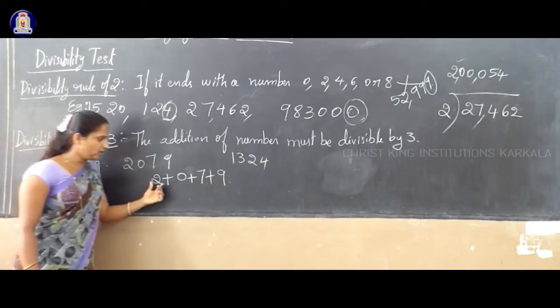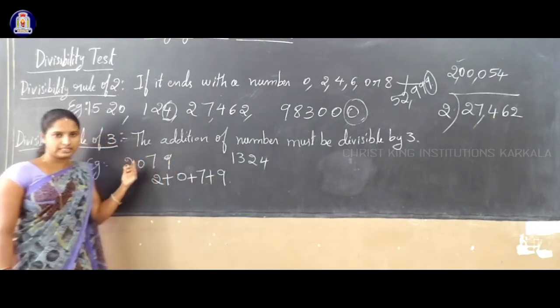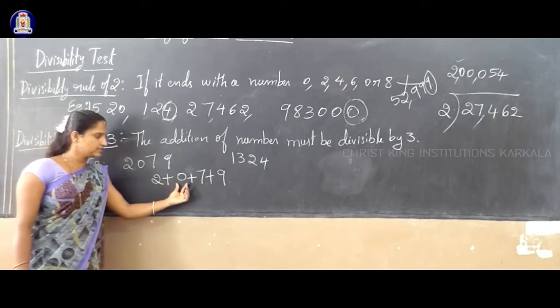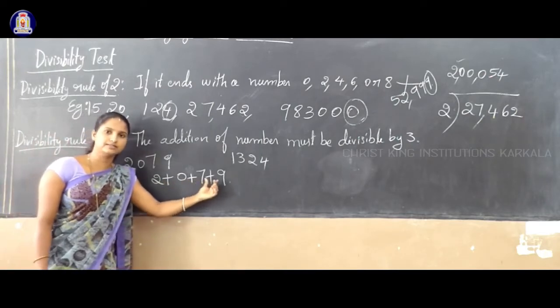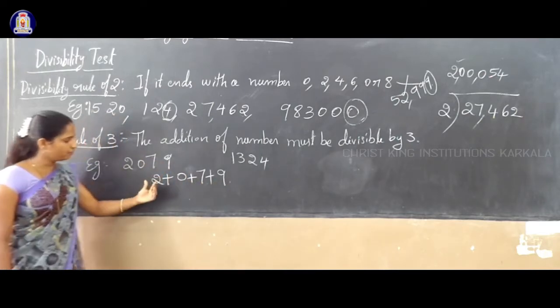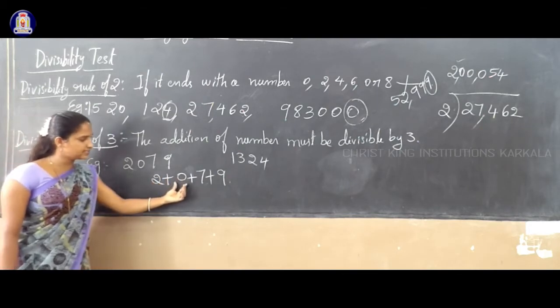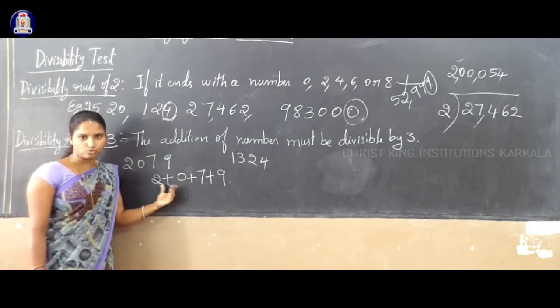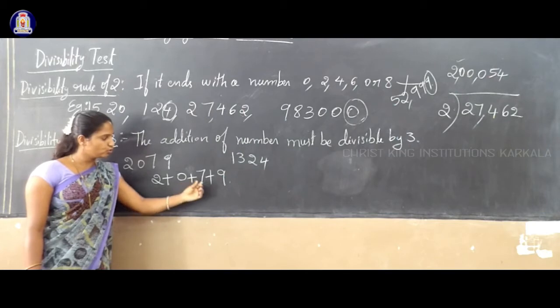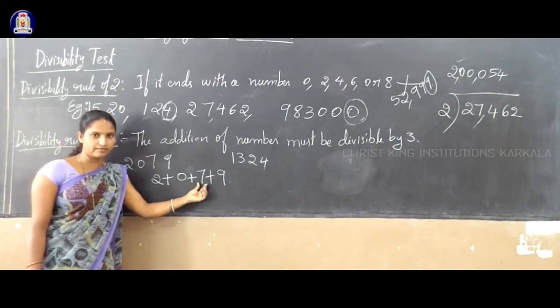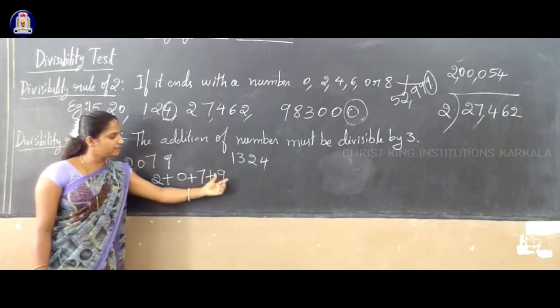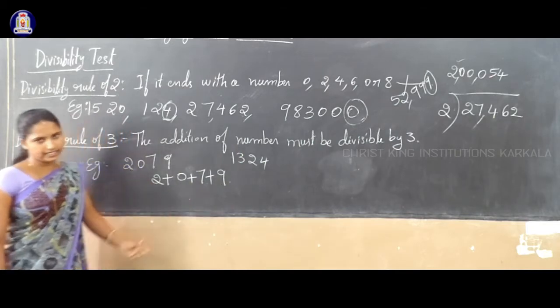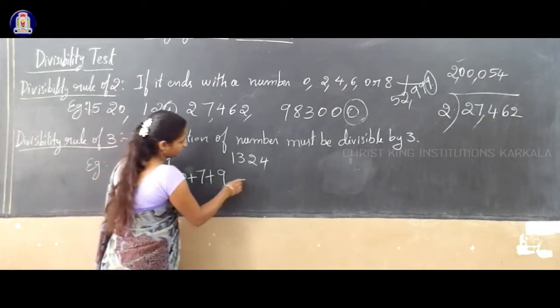Add all the digits. Now if you add, 2 plus 0 is 2. 2 plus 7 is 9. 9 plus 9, that is 18. Correct? 9 plus 9, 18.